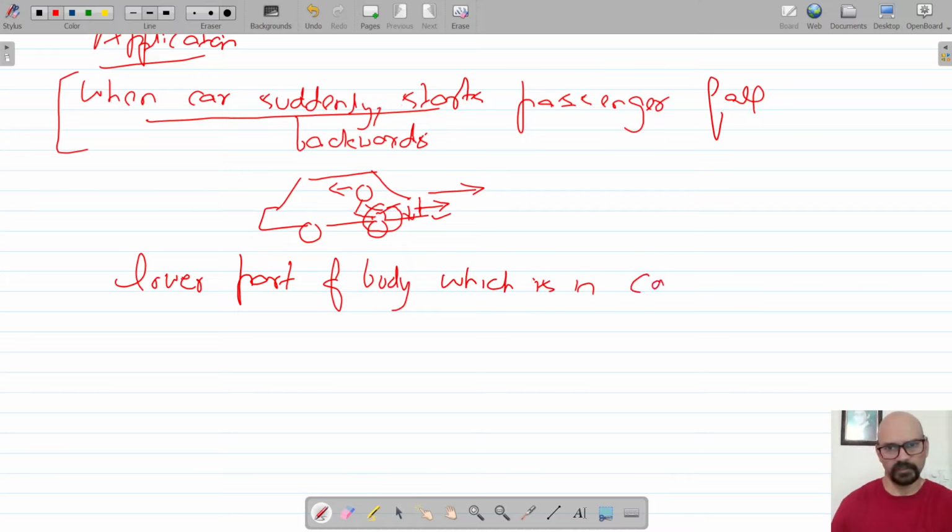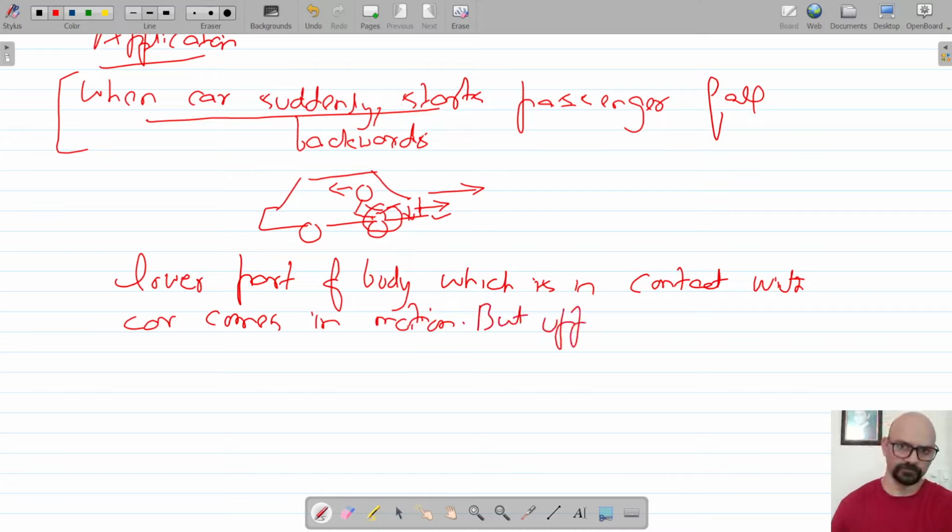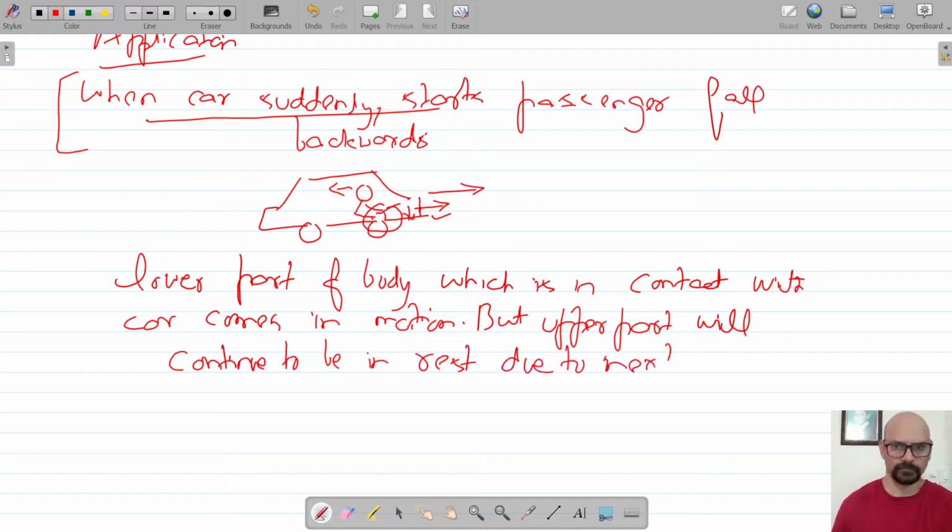But the upper part will continue to be in rest because of inertia, and hence we fall backwards.